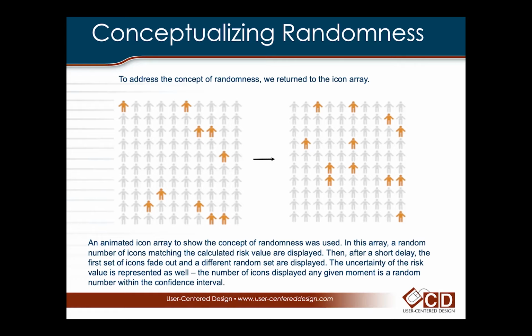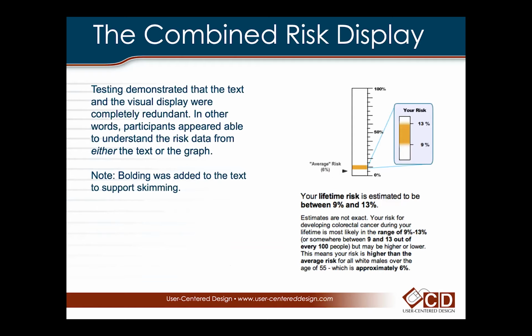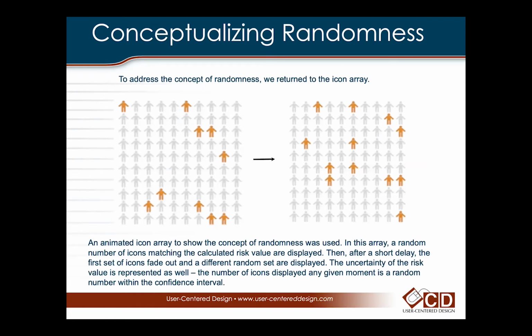Now, the nice thing on this earlier diagram was that the diagram worked and the text added reinforcement for what they perceived. When it came to this diagram, they didn't understand it until we explained it to them after the testing.